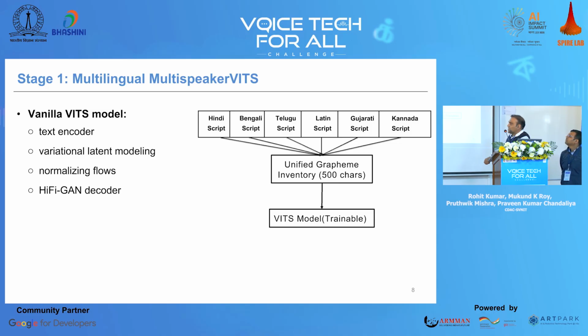The Voice Tech challenge round had some low resource languages like Magahi and Chhattisgarhi. For those, building a G2P tool was difficult. So we unified the grapheme inventory as they share the same Devanagari script. Then we trained the VITS model.